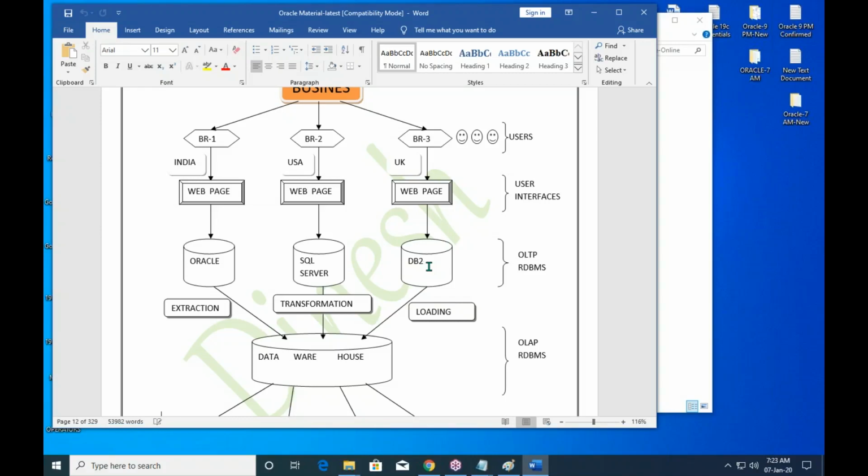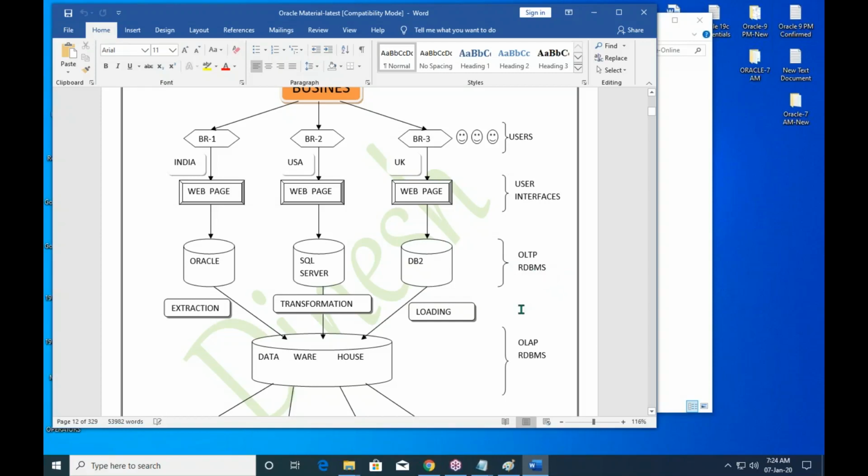That information is saved in the backend database server tables. This is for everyday transactional data. So the databases which store everyday data are called OLTP RDBMS, Online Transaction Processing RDBMS.